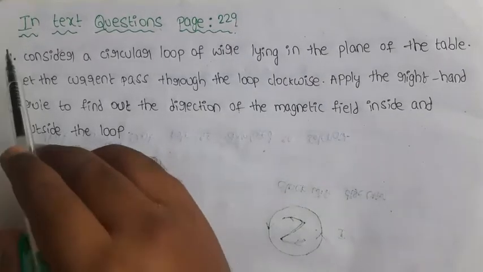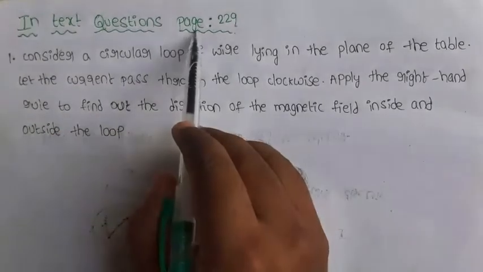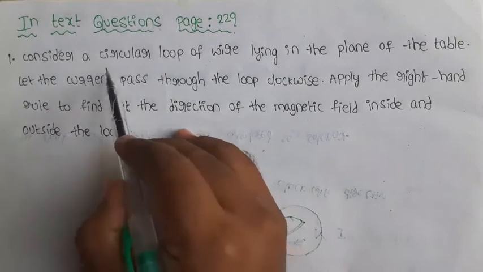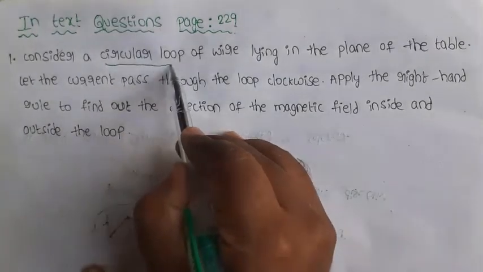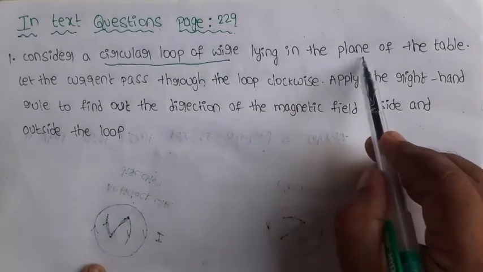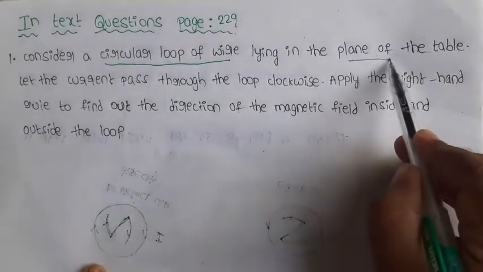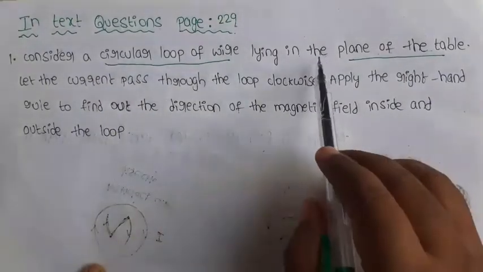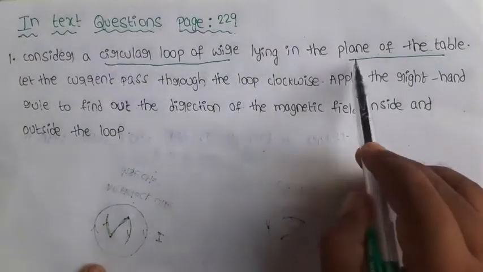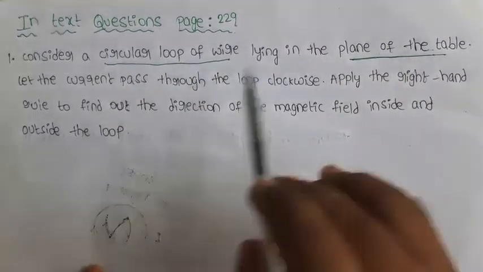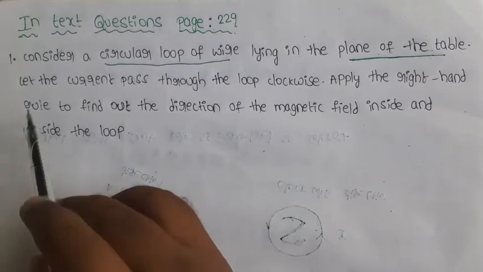Next, intext questions, page number 229. First question: consider a circular loop of wire lying in the plane of the table. So we are taking one circular loop of wire lying in the plane of the table.